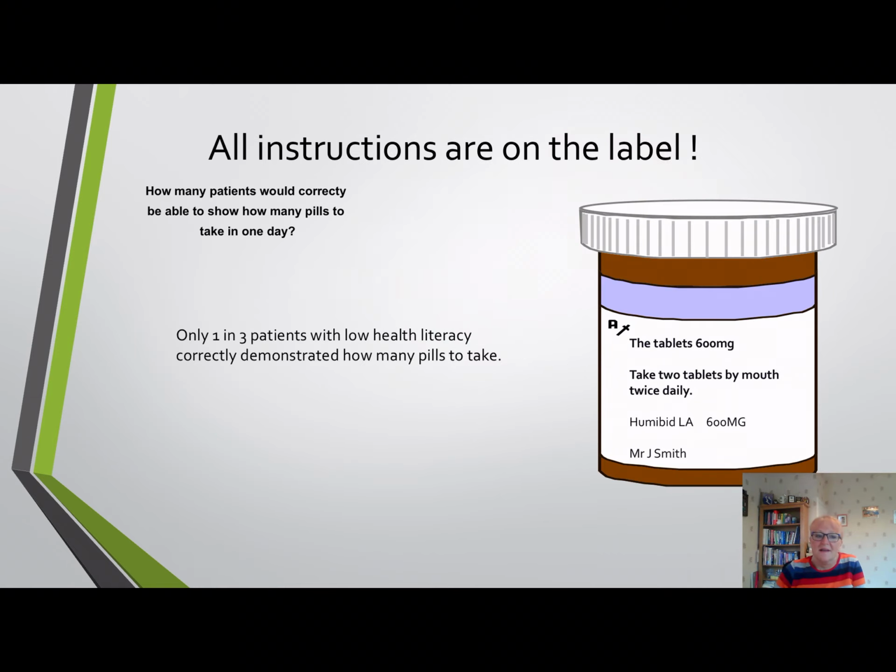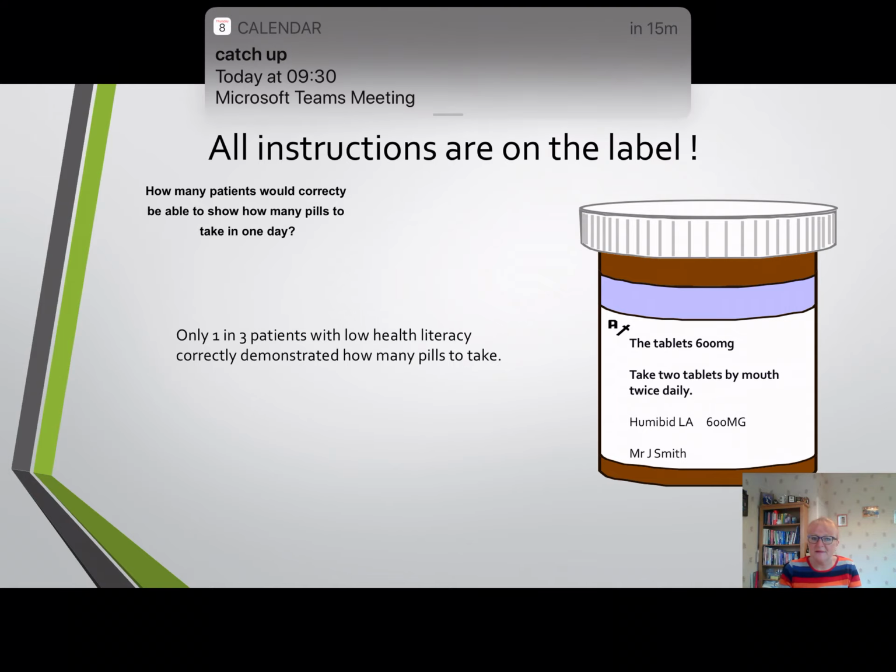So if we look at an example here, a typical label that would say take 2 tablets by mouth twice a day. How many patients would understand what that means? And don't forget, we may add some cautionary labels on that as well, something like take on an empty stomach, do not take milk at the same time, or any iron preparations. So there may be more on that label than what is actually shown on this slide. We do know from studies that 1 in 3 patients with limited health literacy could not correctly demonstrate how many pills to take during the day.